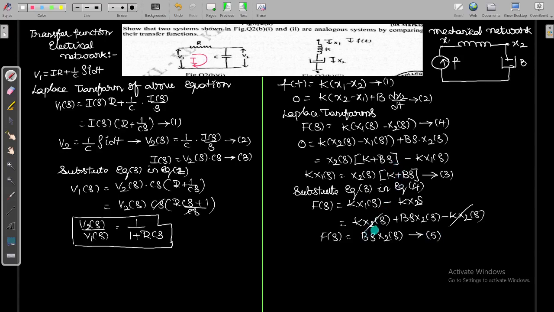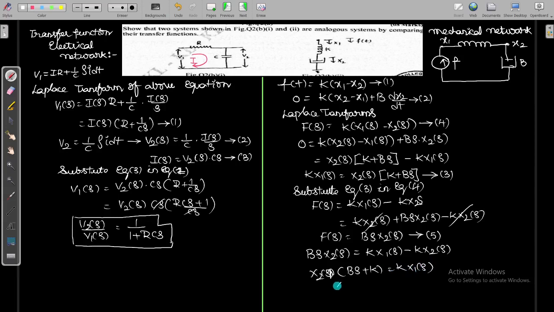Whenever you substitute equation 5 in equation 4, you get bs x2 of s is equal to k into x1 of s minus k into x2 of s. The x2 of s terms are taken on the left-hand side, so you get bs plus k, times x2 of s, is equal to k into x1 of s.